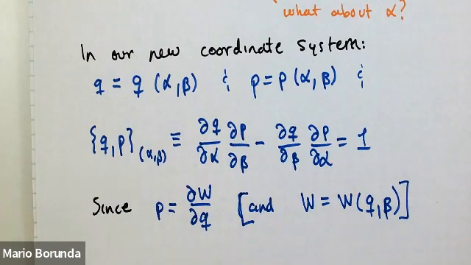Before, the coordinates were Q and P, but now we're going to have new coordinates, alpha and beta. We could write Q in terms of alpha and beta, we could write P in terms of alpha and beta. But that one, we already had in terms of Q and beta. So now we have to figure out how to use that and how to do the transformation, with the transformation obeying this rule, that the Poisson bracket of P and Q is still 1. So the commutation of those two stays and follows that rule. That's the part that is canonical.